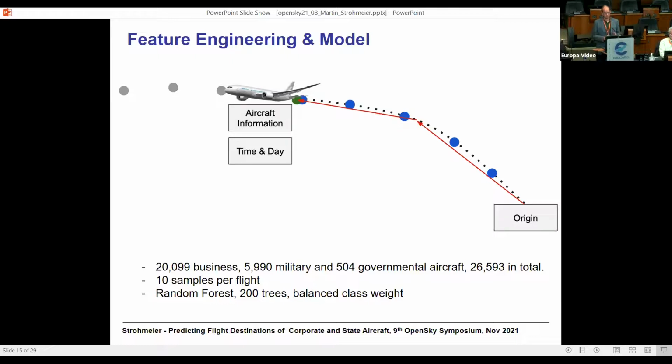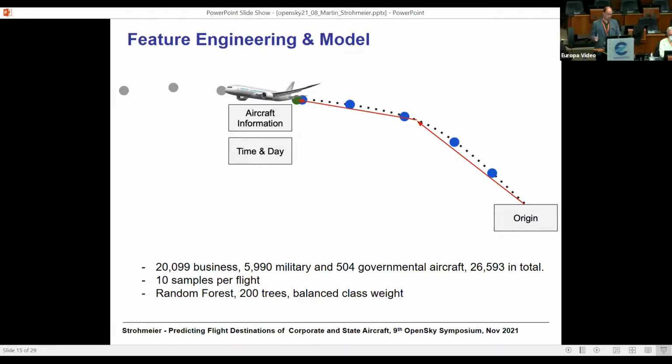And from the trajectory, as I said, we originally had the granularity of 1 data point per minute, but for the final modeling, for the prediction of an aircraft, we realized it's absolutely sufficient if we take 10 samples per flight randomly or equally spaced between the origin and the last point of interest.